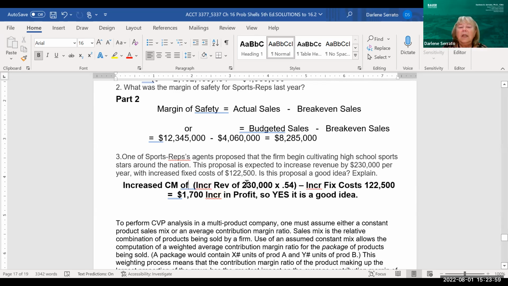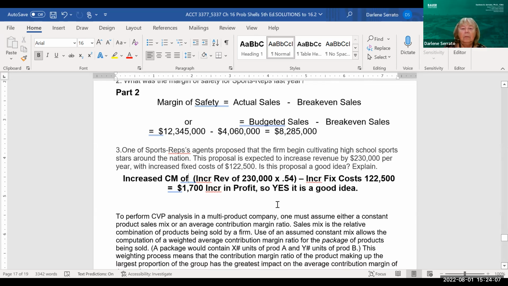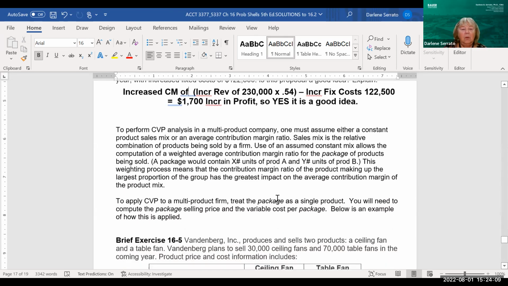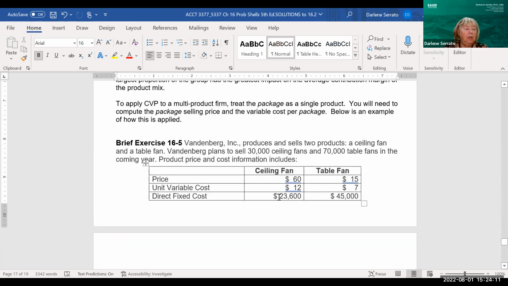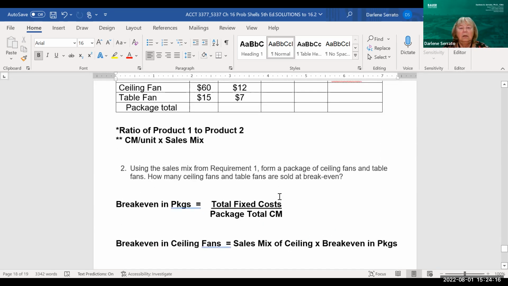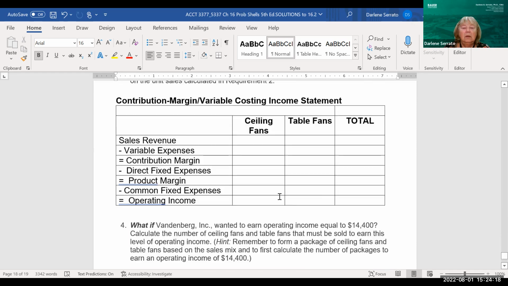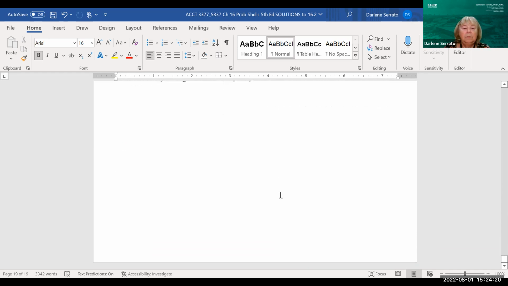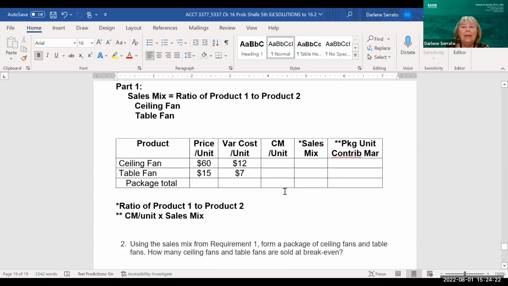Don't look just at the increase in revenue, but the increase in contribution margin. And then we are not doing multi-product CVP analysis.